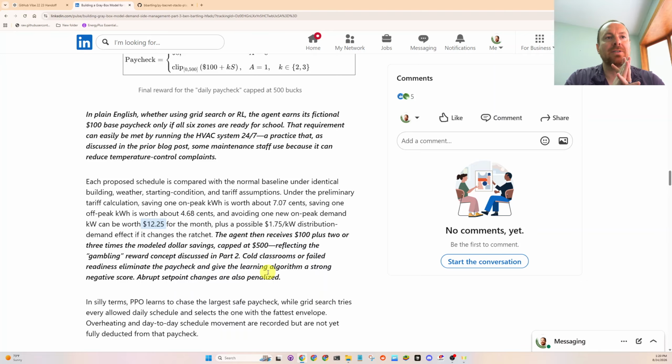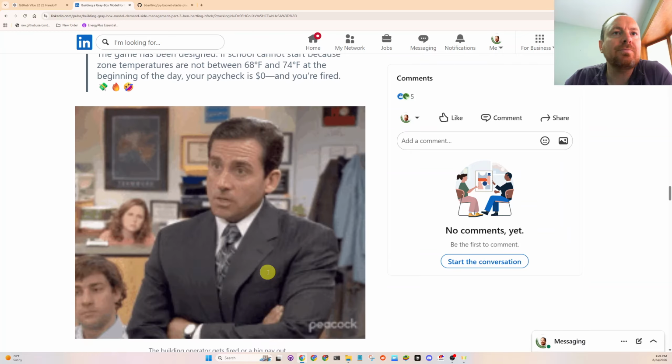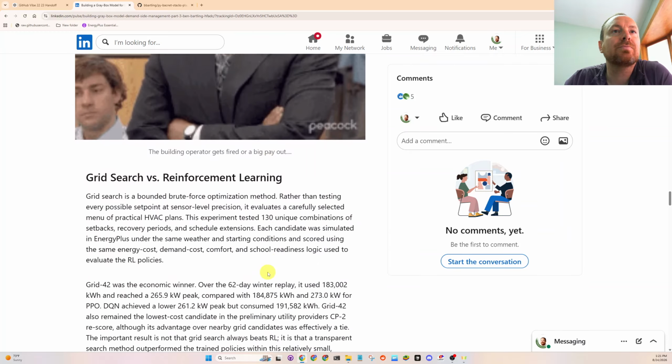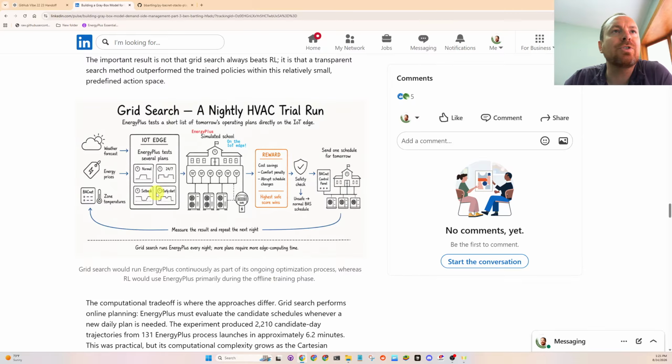And I was seeing if the AI could figure out the most cost optimized way of running the control system, basically. So this was grid search. If EnergyPlus is installed in the edge environment, you could have a calibrated model on the IoT edge, running in Linux, and it would iterate over the EnergyPlus model hundreds of times.